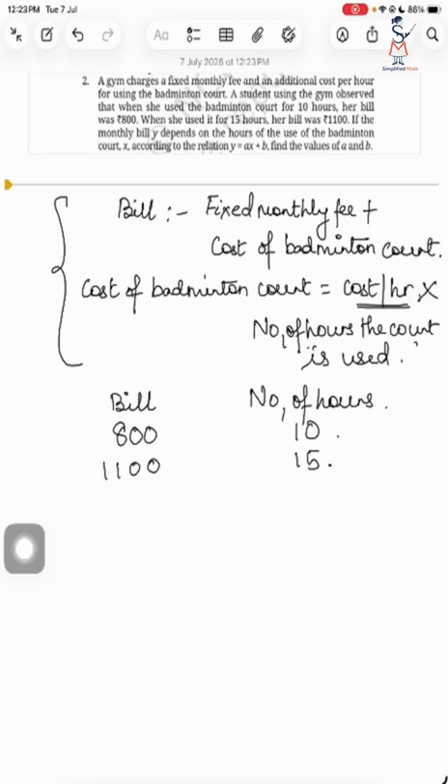Fine. Now, the monthly bill is represented by Y, and it depends on the hours of the use of the badminton court, and the number of hours is represented by X. This is how they are related: Y is equal to AX plus B. Right?